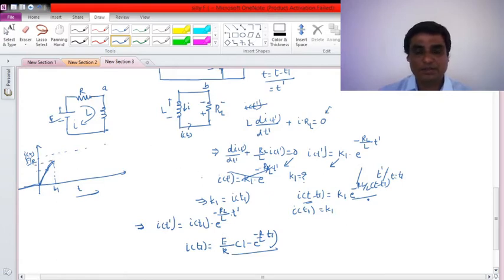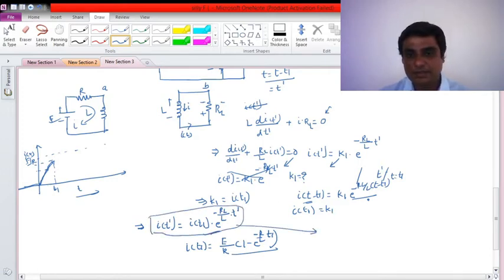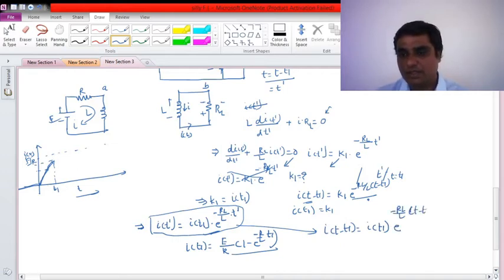The current when I'm doing the switching at t is equal to t1 is I of t minus t1, where the initial current was I of t1, into e raised to minus RL by L into (t minus t1).